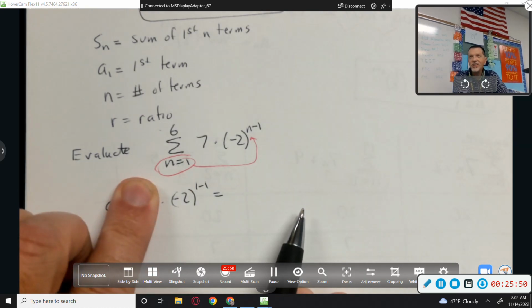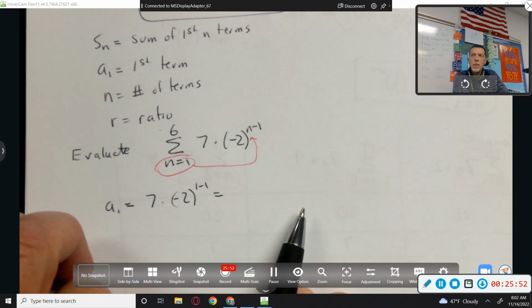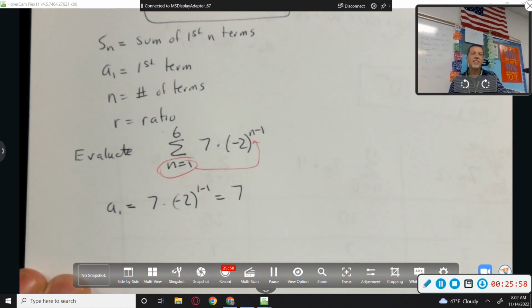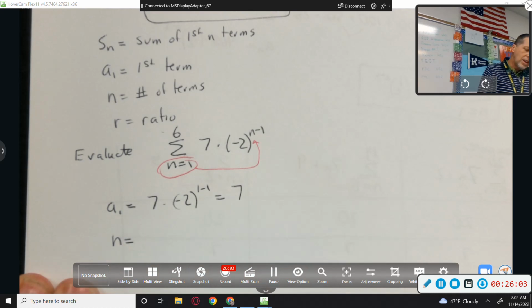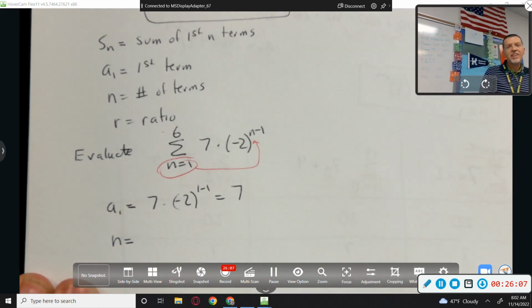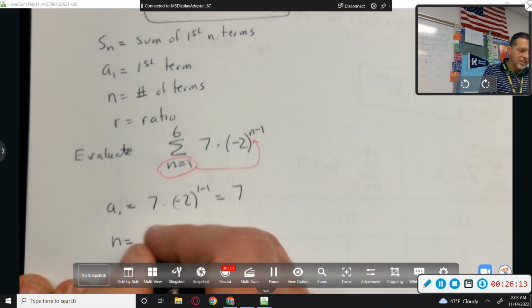What's negative 2 to the 0? 1. And 7 times 1 is 7. Our first term is 7. And how many terms are there? If we start at 1 and go to 6, I should have put a trickier one on here. If we start at 1 and go to 6, 6.